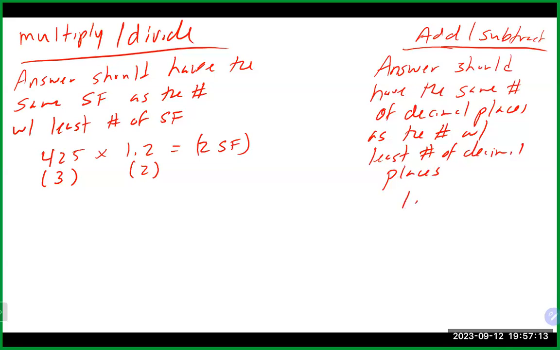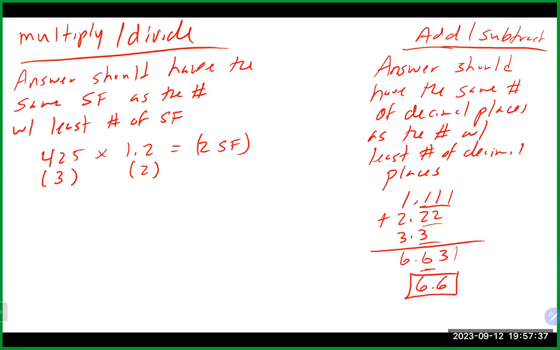So if I take 1.111 and I add it to 2.22 and add it to 3.3, and try without the calculator, 6.6, something like that. Here we're going to look at decimal places. That's 3 decimal places. That's 2. That's 1, which means my answer should end up at 6.6, which has 1 decimal place, but 2 significant figures, right? So that's also important.